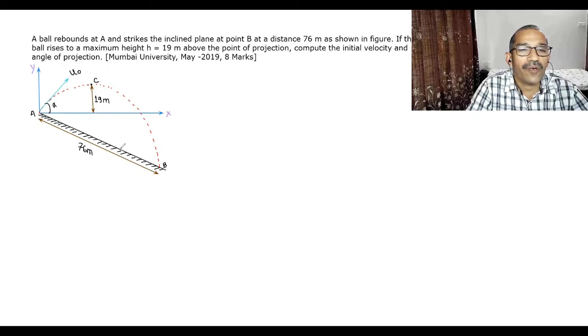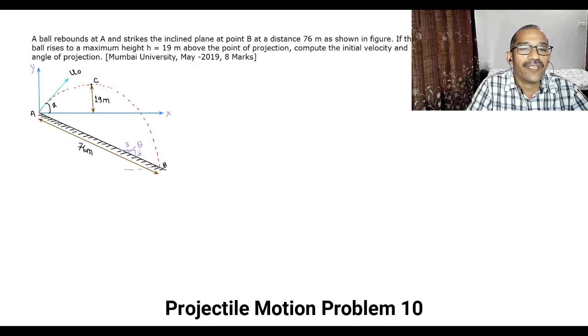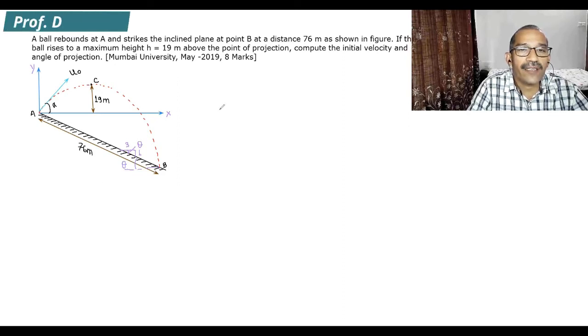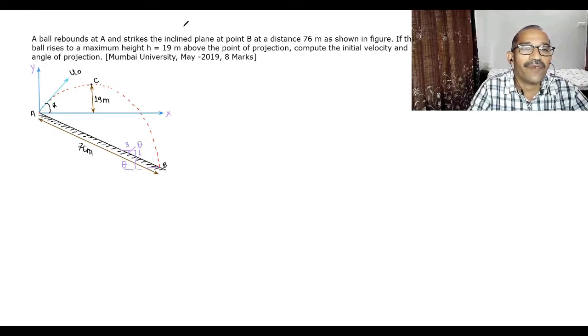This one is horizontal and vertical: this is given as 1 and this is given as 3. If I assume this angle as theta, the inclination of the plane is the same angle theta.